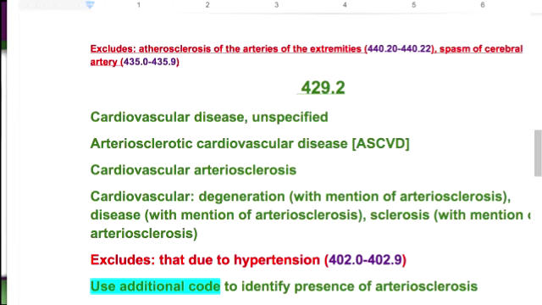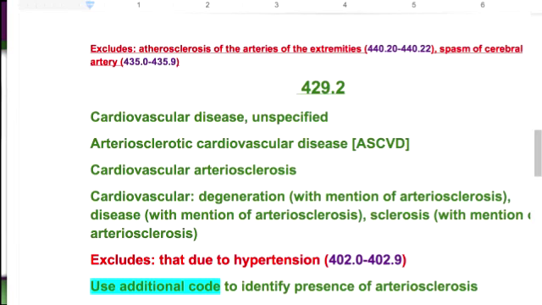It's those peripheral or outlying vascular systems that are diseased. With cardiovascular disease, or arteriosclerotic cardiovascular disease, think of it as starting at the heart and working its way out. Okay, it's a little bit different.